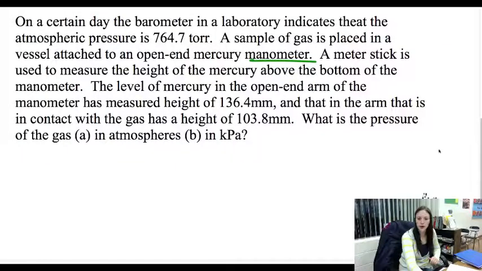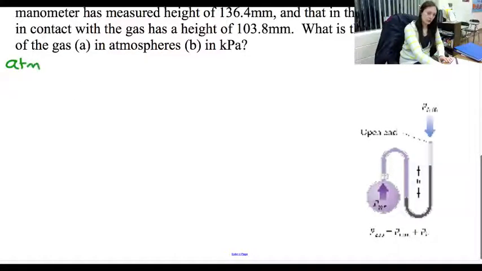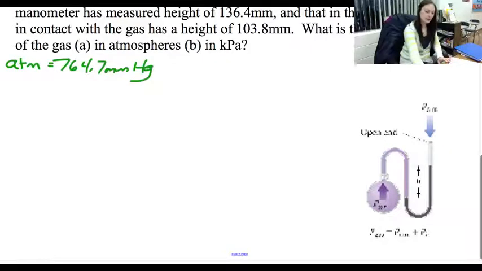Okay, well, if we look at our picture, that's going to make our life a little bit easier. It says that we have an atmospheric pressure for the day of 764.7 millimeters of mercury. And then they give you some heights. Well, since this is an open-end manometer, this whole thing is a manometer.